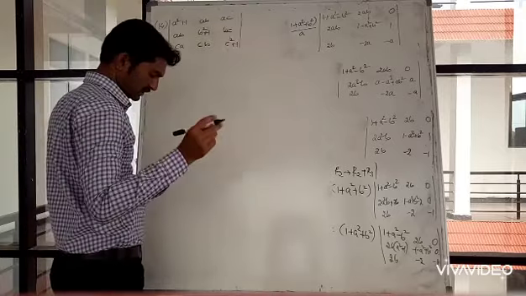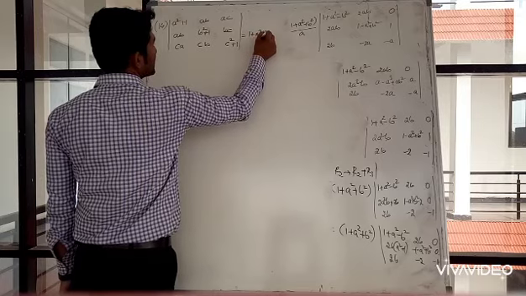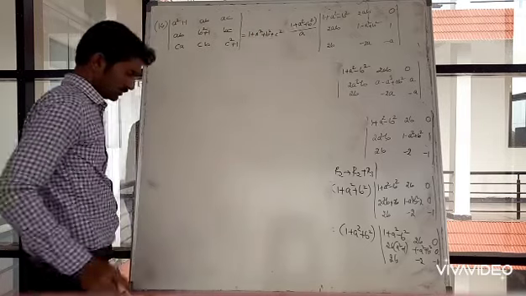It is also the same form. It is equal to 1 plus a square plus b square plus c square, required.